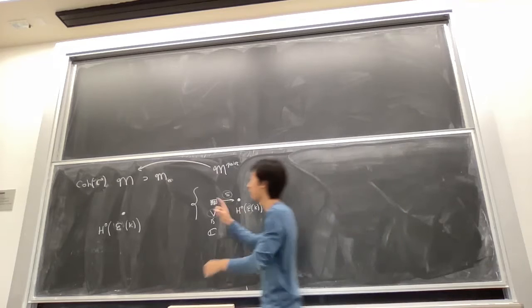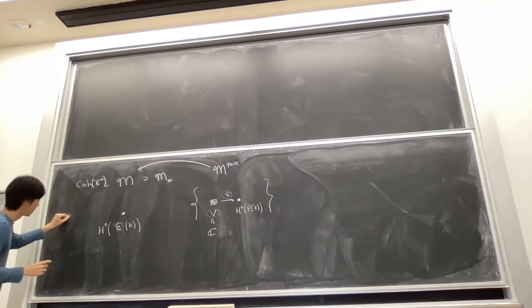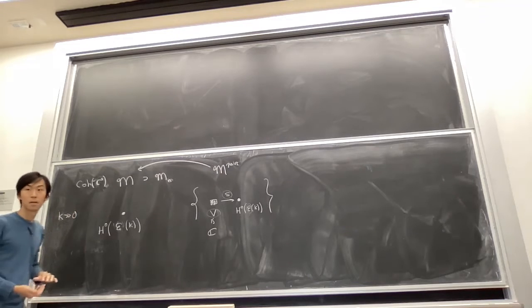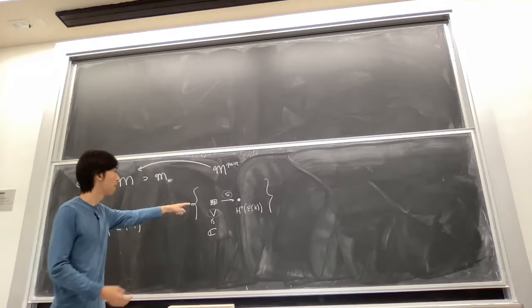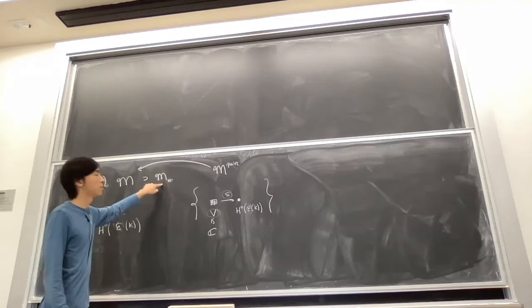So K will always be big. That's like the Hilbert scheme of n points on C2.